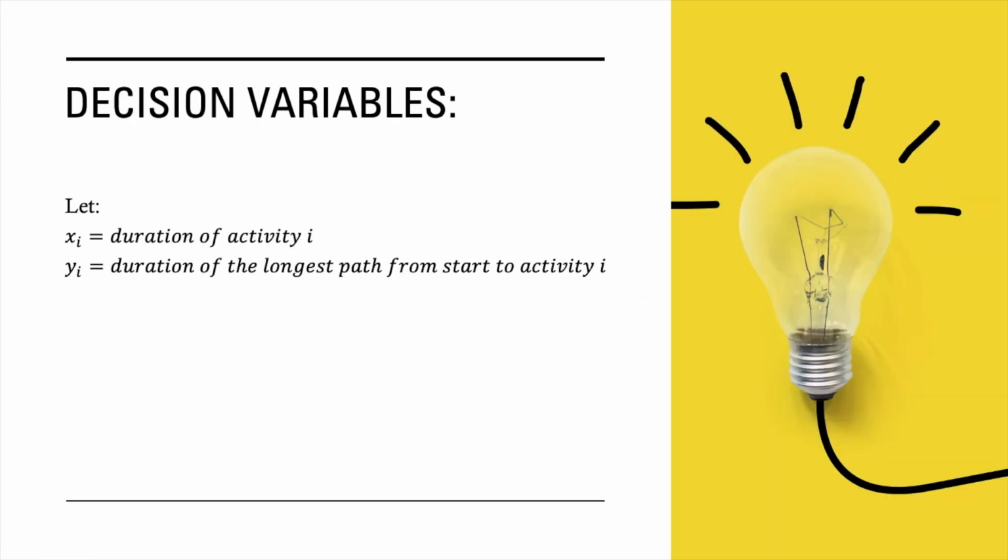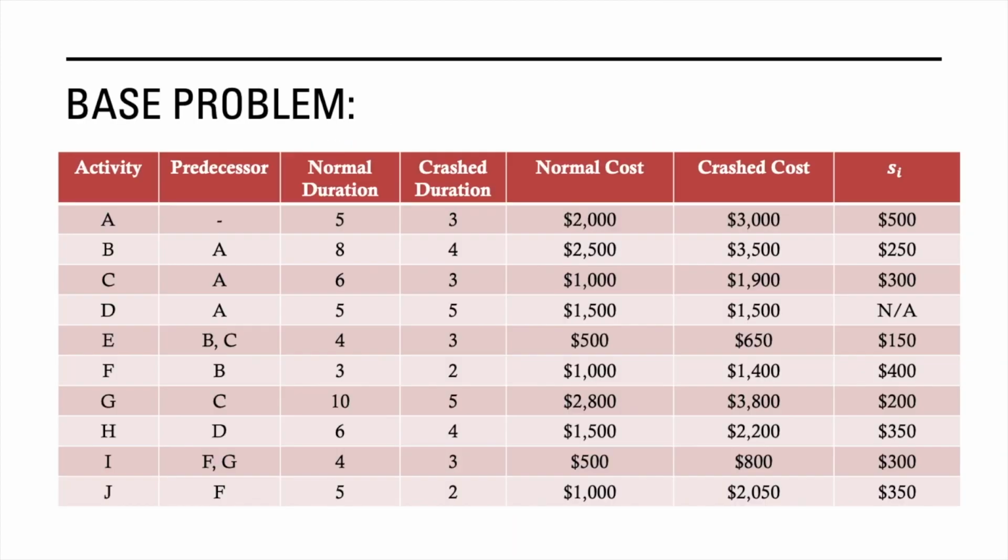So what are the decision variables for this particular linear programming model? We have two. Let x sub i be the duration of activity i. X sub i is the duration of activity i means that, for example, in activity A, we are deciding how long we will do activity A. Eventually, we will have a constraint that says x sub A is between 3 and 5, because 3 and 5 are the possible durations of activity A. At its slowest, it is 5.